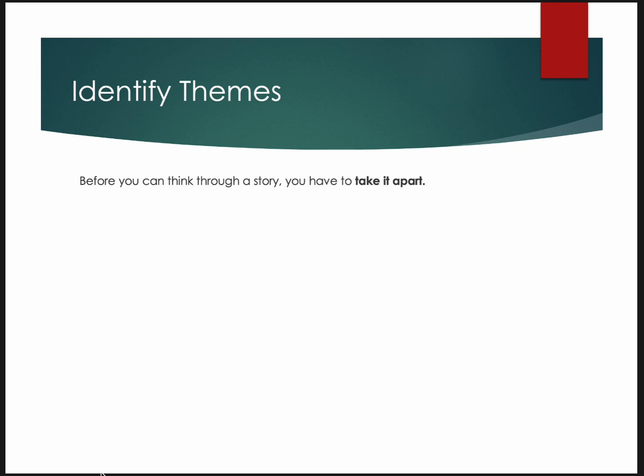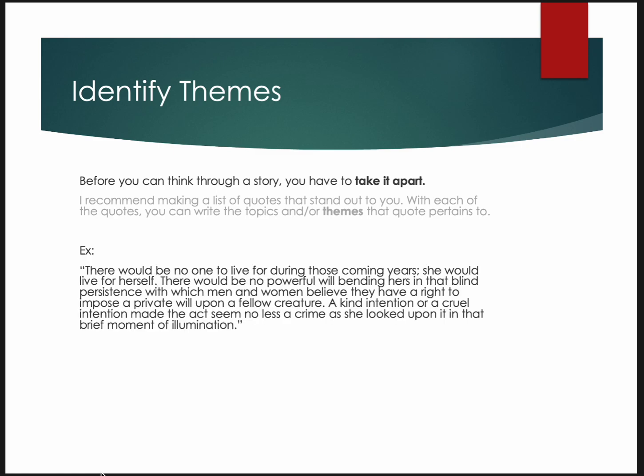As we do this, we really want to start identifying themes. And remember, themes are those big general ideas, those abstract concepts that a story is questioning, presenting, in conversation with. So when you find a quote or you find an image or you find a symbol or something in the text that draws your attention, see if you can list the types of themes that might be related to that.